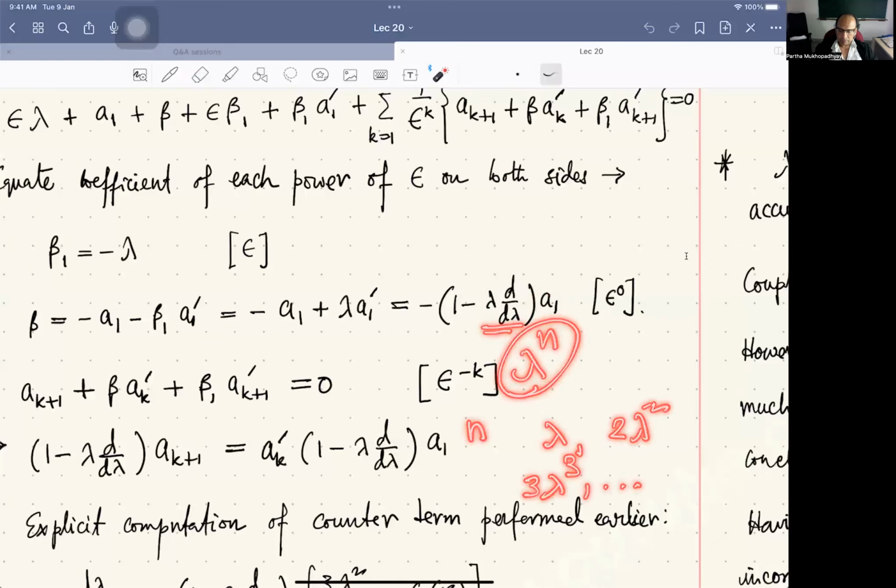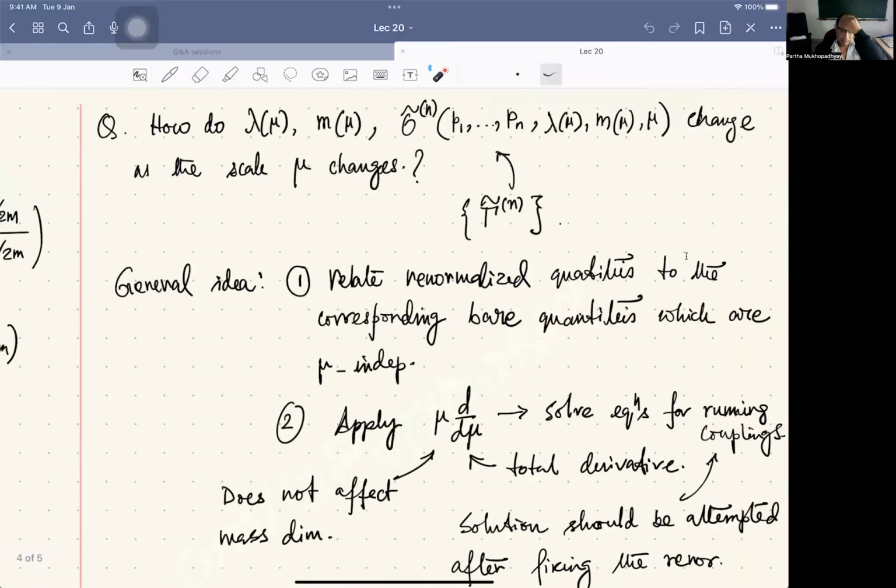This is what the action of this is. So if there is a linear term here, that will be cancelled between these two terms, because lambda d/d lambda acting on lambda will give you lambda. So that is not changing. So these two terms will kill the linear term. Even though actually A1 does not have a linear term in lambda, and that you can see diagrammatically also.